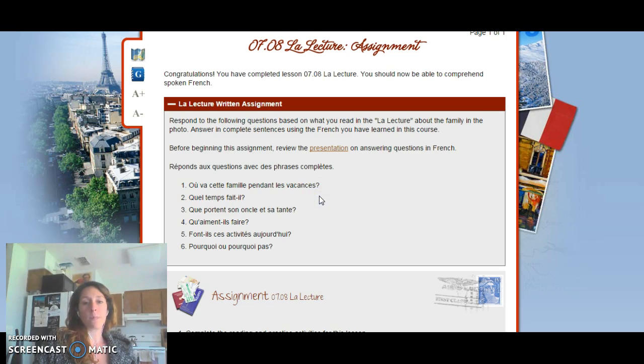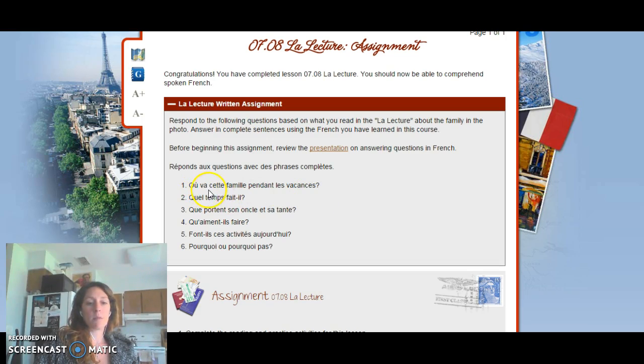So I'm going to show you how I break down questions to form answers. I know où means where. Va is the verb aller, where goes, which you just reviewed in the previous lesson for the futur proche, 7.06. Where goes this family during the vacation? So I go back in the lecture, figure out where it is that they go. I'm going to form my answer.